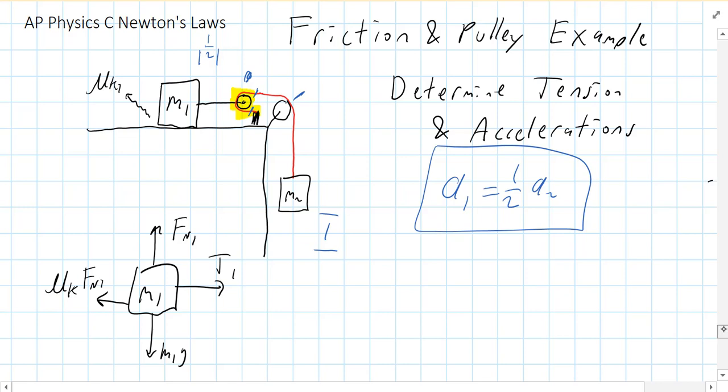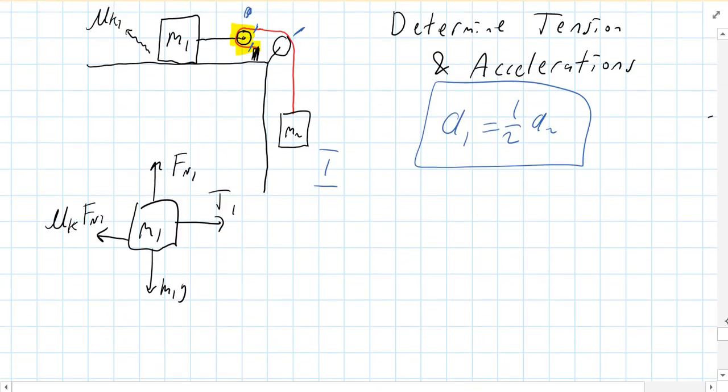And we know that in this problem, M1 is not moving up or down at all. There's no upward or downward acceleration. So Fn1 is going to equal M1g, and so friction is going to equal mu sub K times M1g.